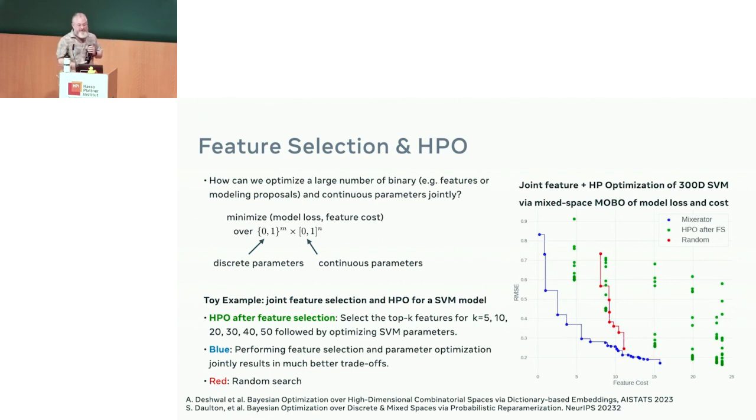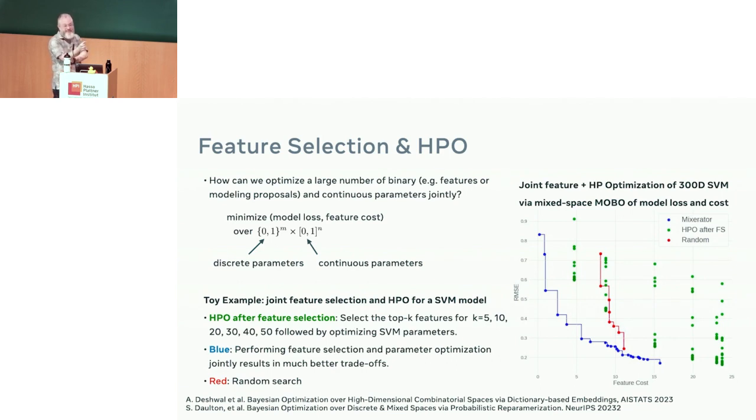There's another use for multi-objective optimization, which is feature selection. And this involves another set of techniques if we're doing discrete optimization or combinatorial optimization, where you have a number of features.